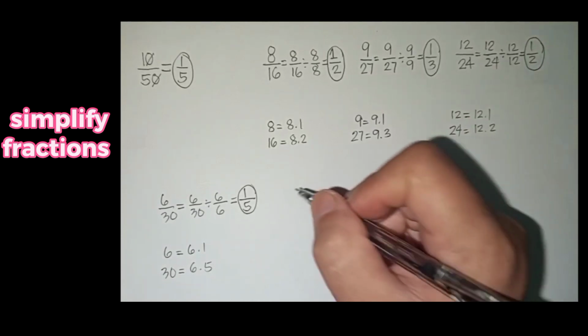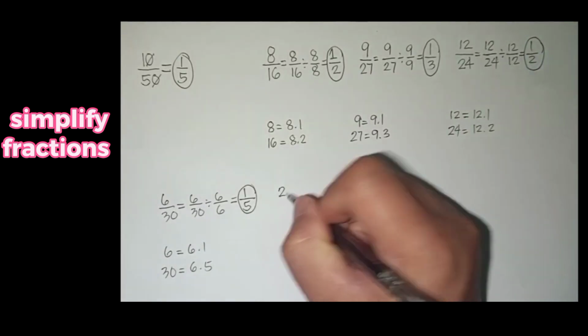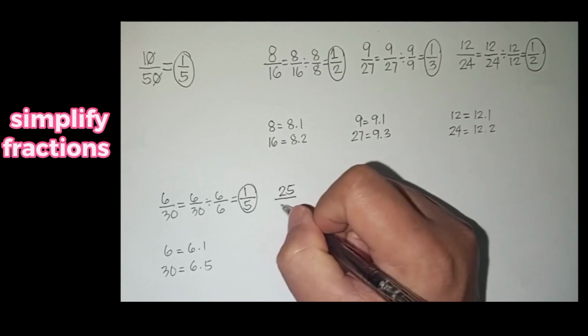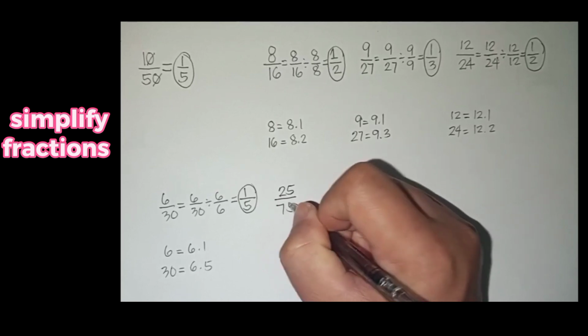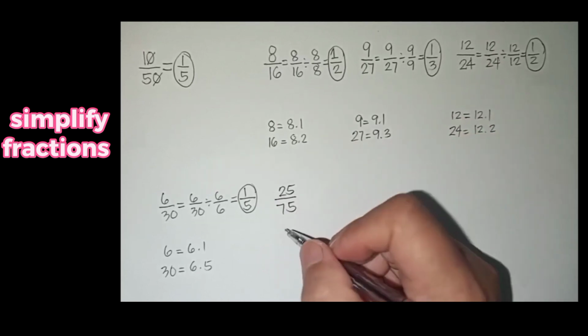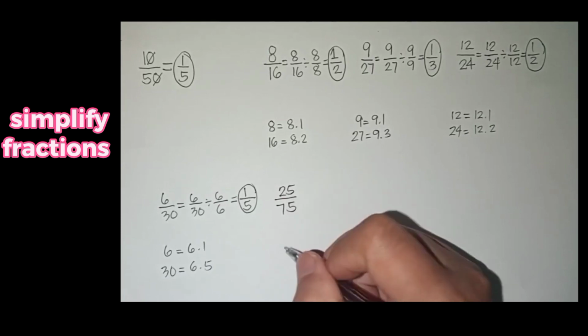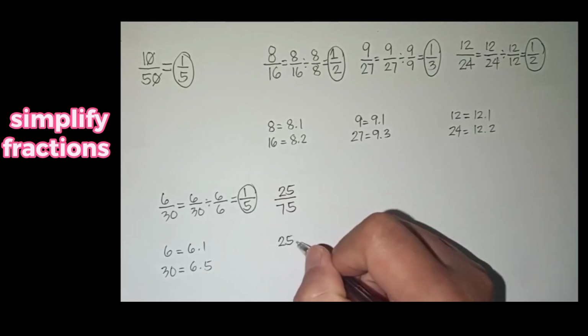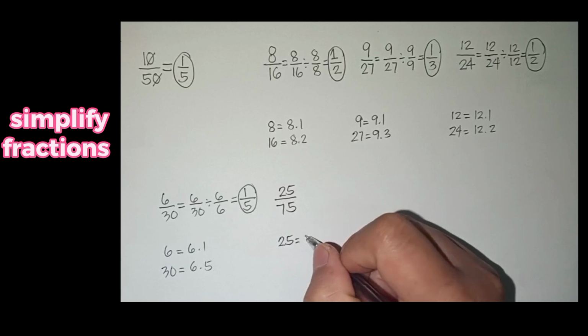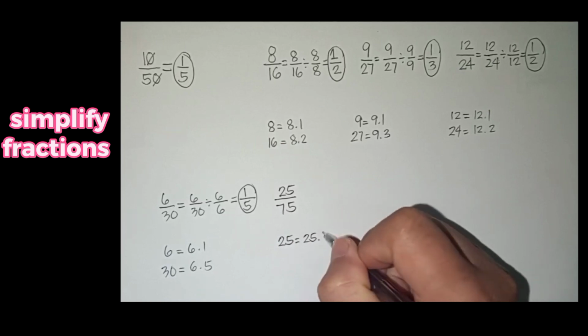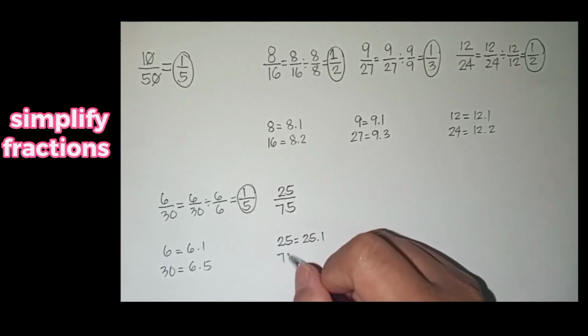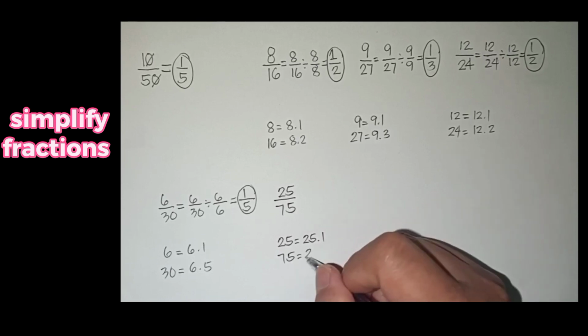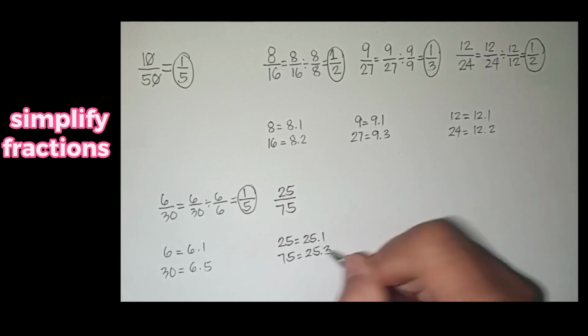Now another example, we have 25 divided by 75. Okay, so first we have to factor out 25. So that is equal to 25 times 1. And 75, that is 25 times 3.